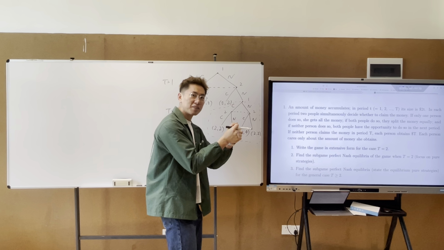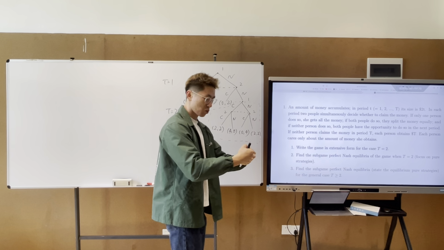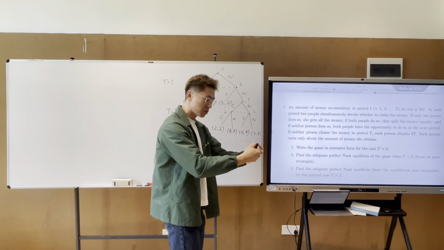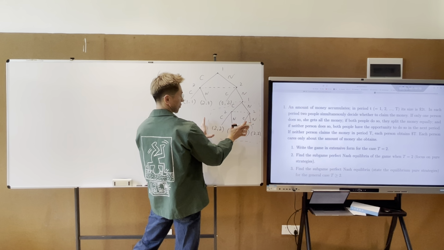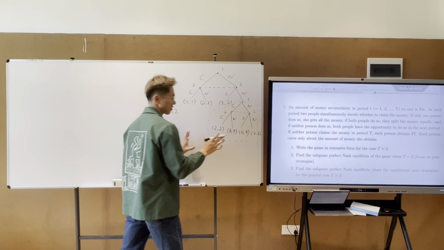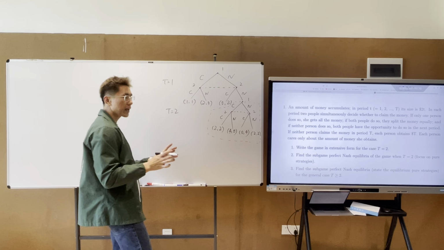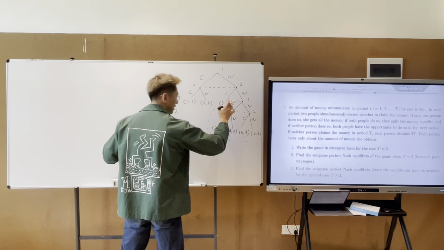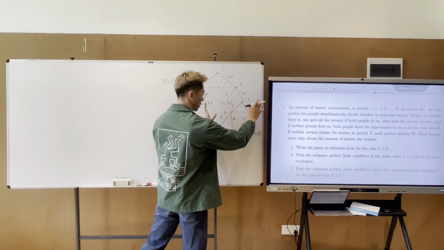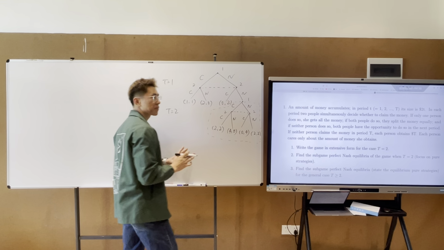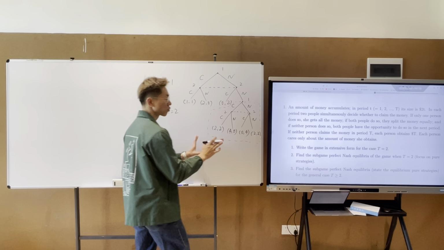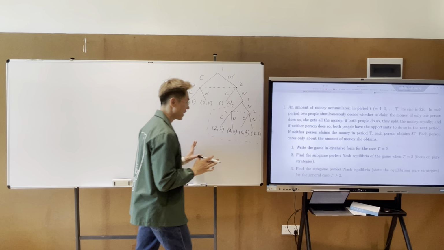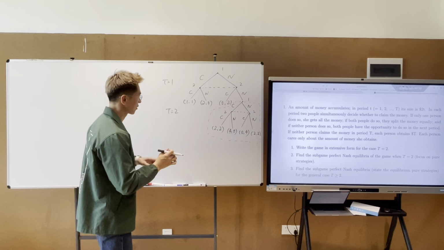So this game is the same as making the choice simultaneously and showing the choice simultaneously, right? So this kind of imperfect information game is just the same as a strategic form game. That means we can solve it with the strategies we use to solve a strategic form game, and that is to draw the matrix, right?